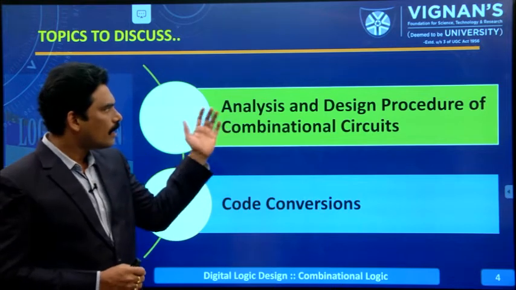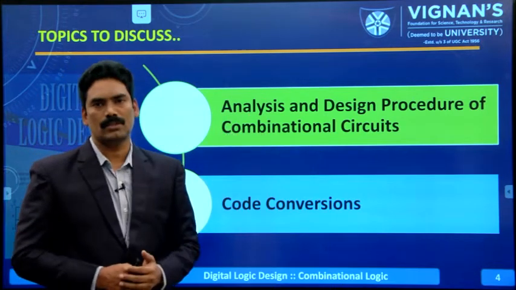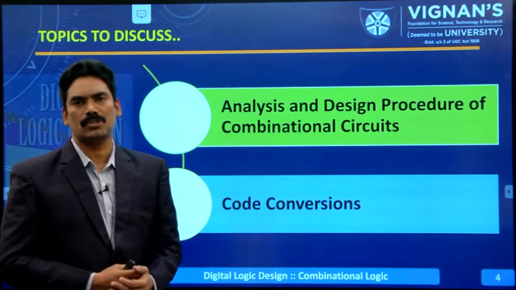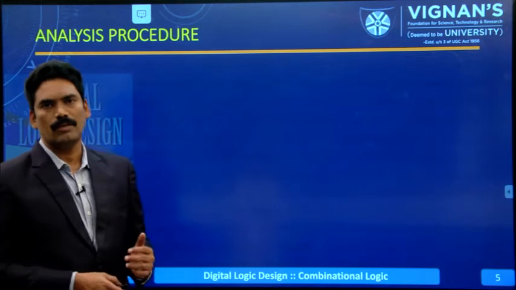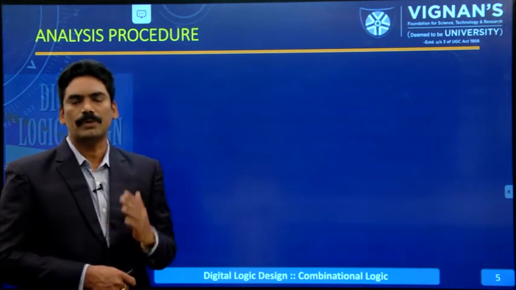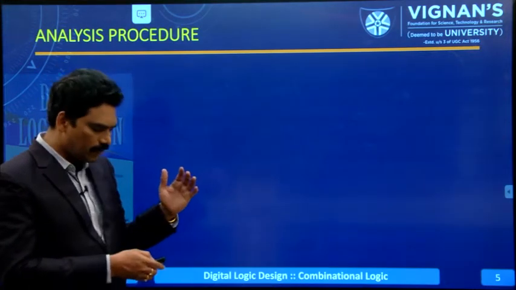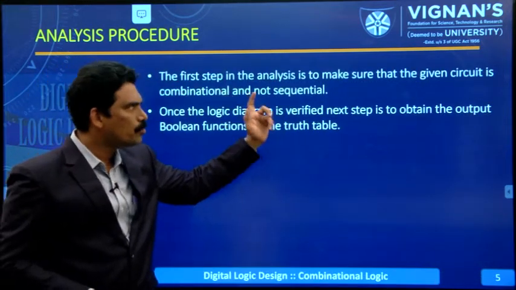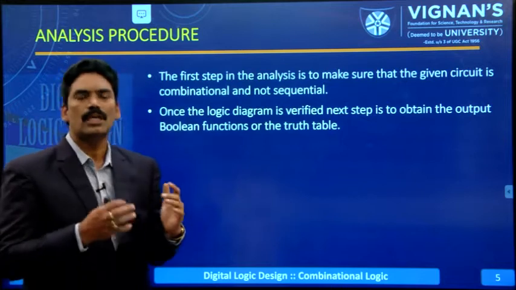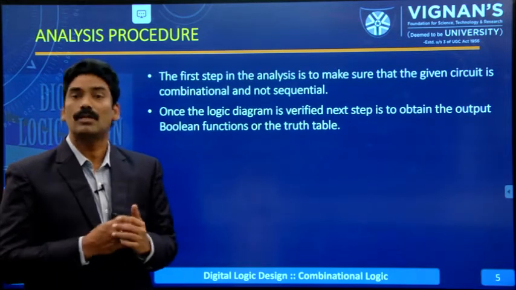Now, the analysis and design procedure of a combinational circuit. In the analysis phase, the first step is to make sure that the given circuit is combinational or sequential. What is the difference?